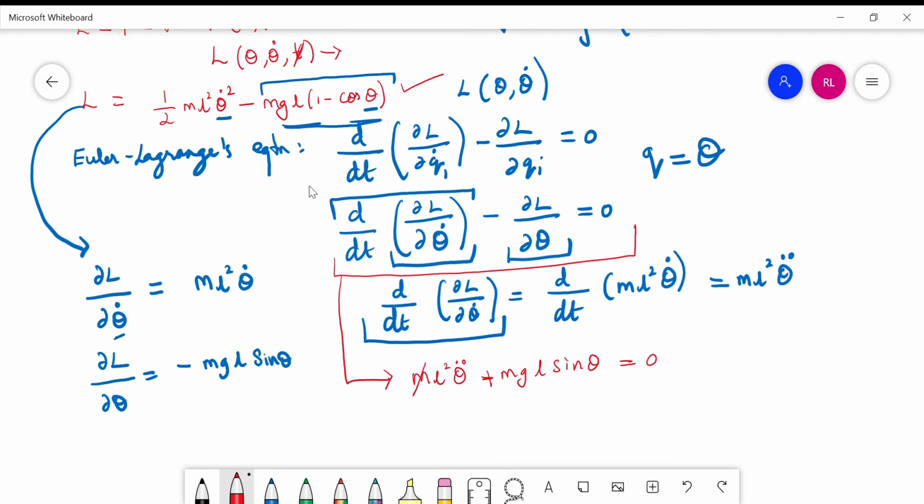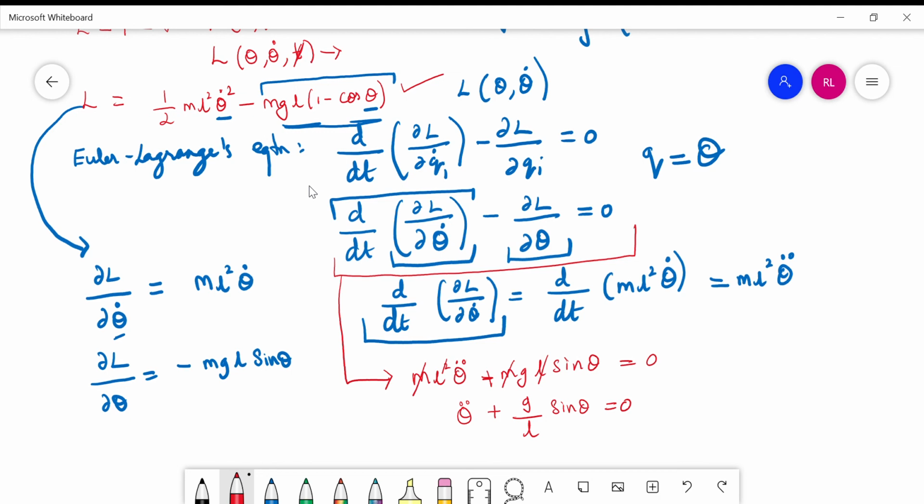Here we have m in common, so we can strike that, and l in common, so we can strike that. So we get θ̈ plus g by l sin theta equal to 0.